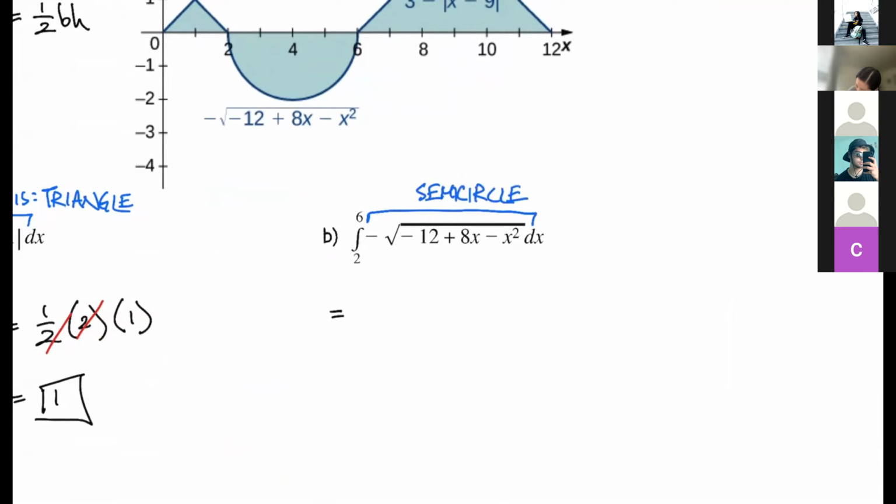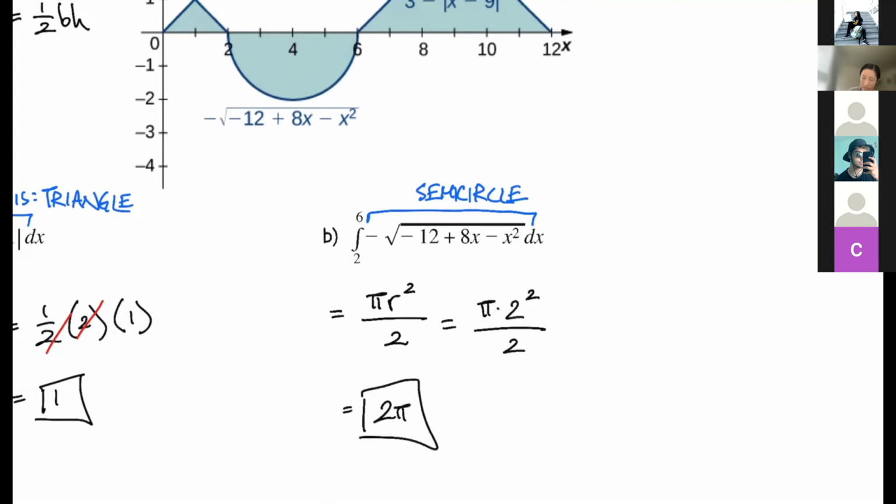And so I'm going to have pi r squared over 2, and our radius in this case should be 2, right? So we'll get pi times 2 squared over 2, which should give us 2 pi as the area.